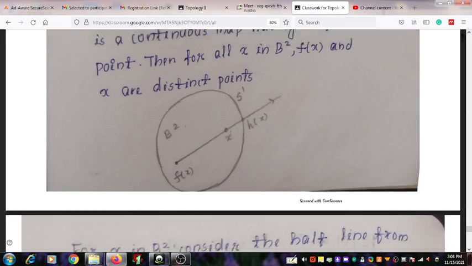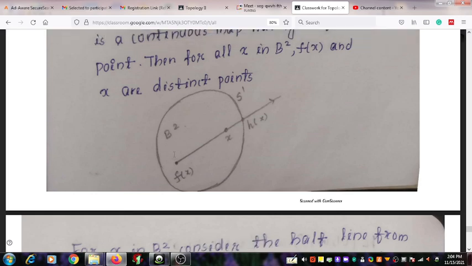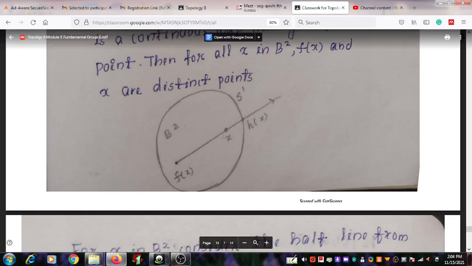We can also see that as the point x continuously varies in B2, since f is continuous, the point fx, its image, also moves continuously in B2. As a result, the line segment joining these two points also continuously moves.